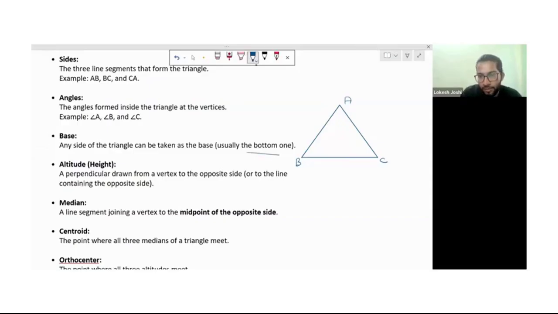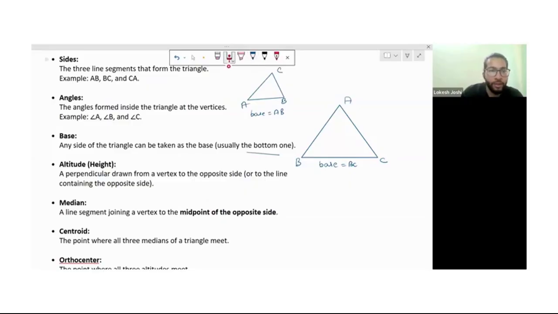So in this we can say BC is the base here. Okay, but suppose I have another triangle and I draw it like that, this time A, B, C. Now for that case, we can say our base is AB. Okay, so there is no such criterion for base, but we generally take the bottom one.